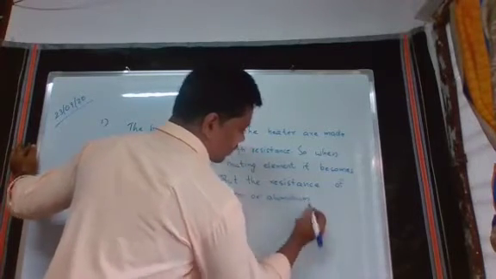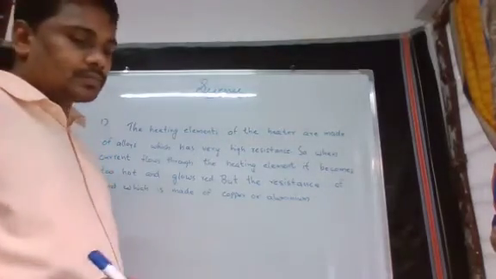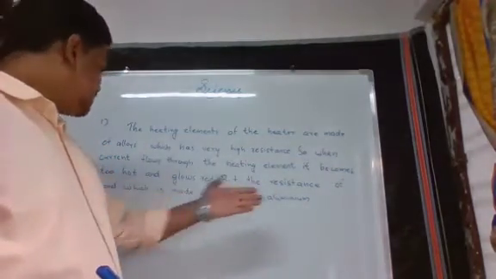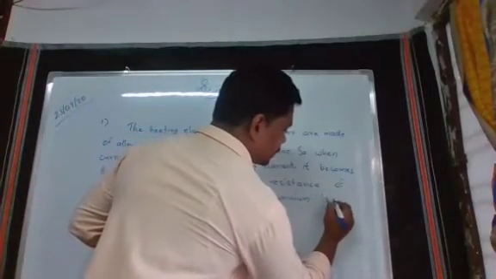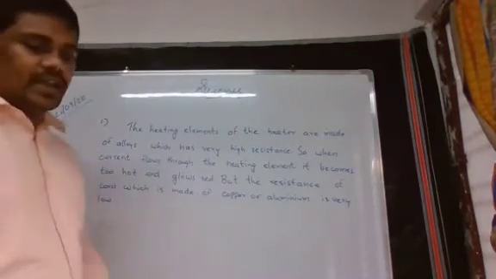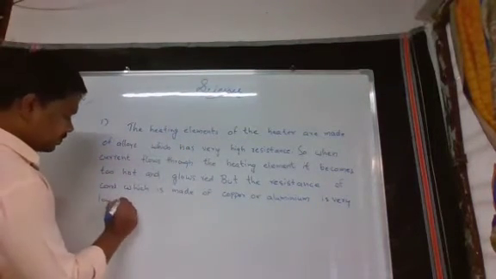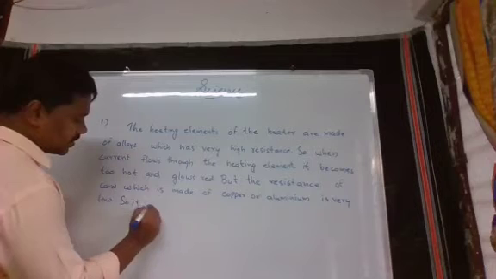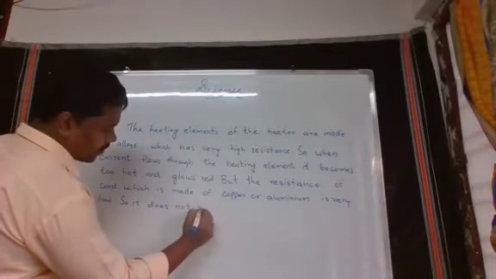What happens? The resistance of copper or aluminium is very low. It's very low, so it does not glow. Got the answer, no?